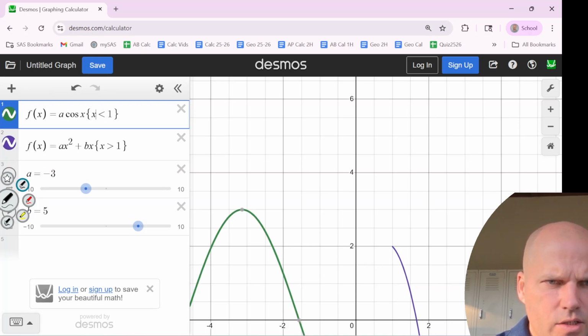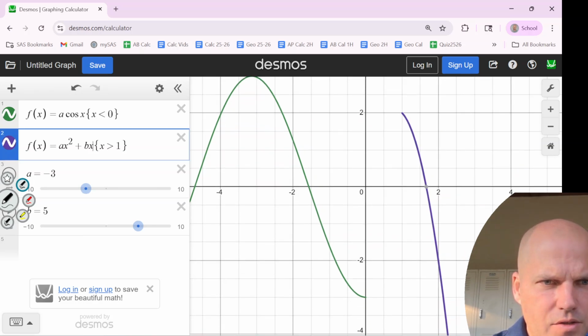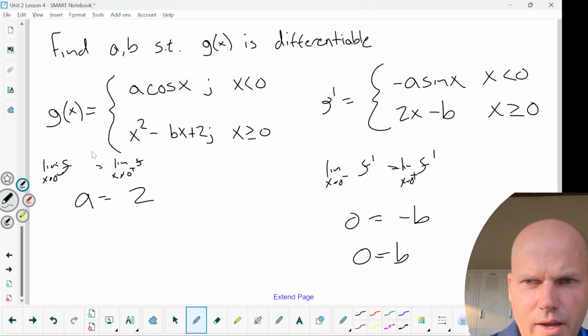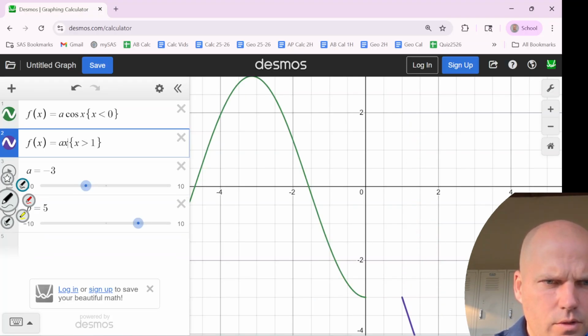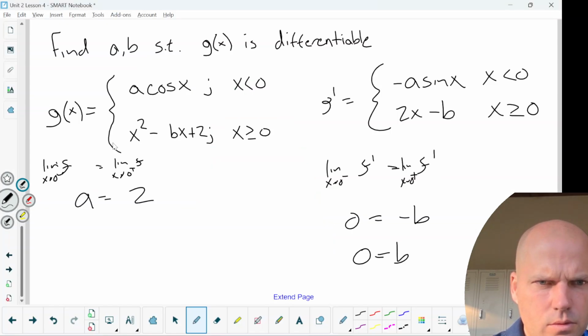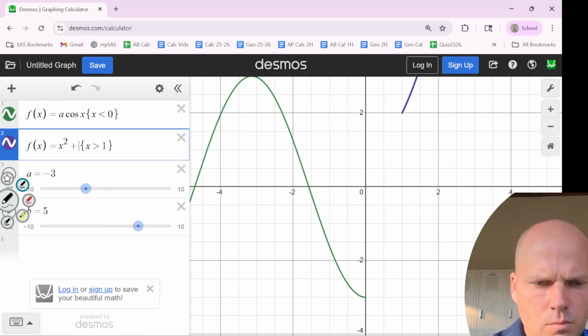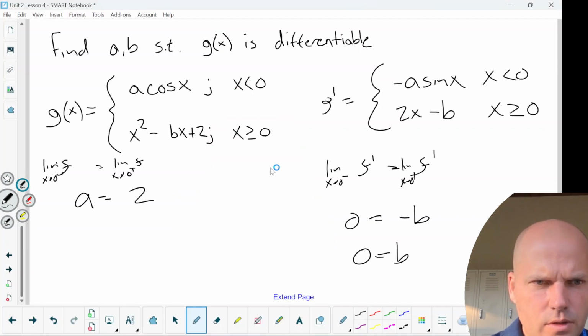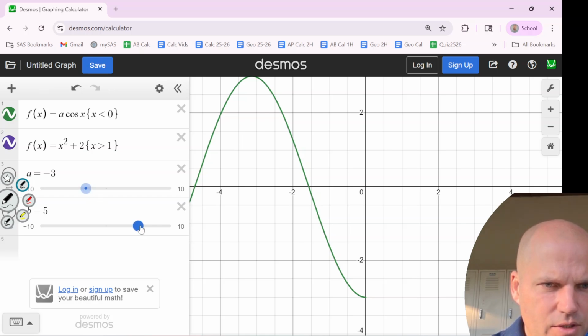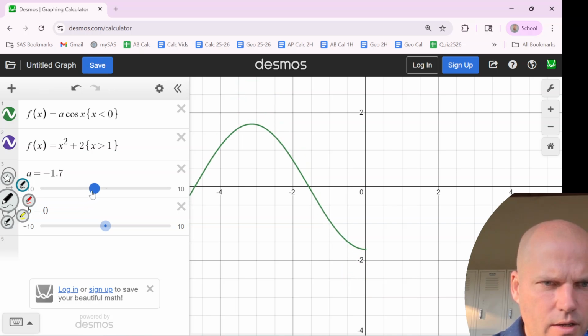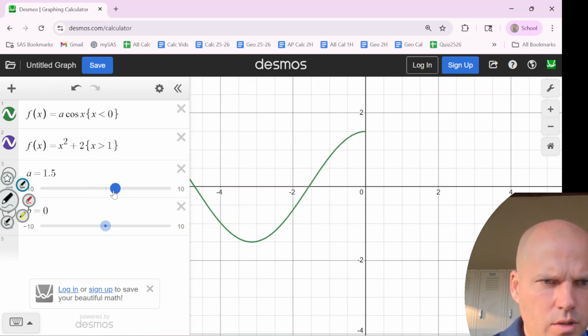A cos x less than 0, and x squared plus 2, x squared minus 2. Is it x squared minus 2 or x squared plus 2? X squared plus 2. That doesn't work. Oh, well, A's got to be 2, and B's got to be 0. There's B 0, and here's A being 2. Okay, that's bad.